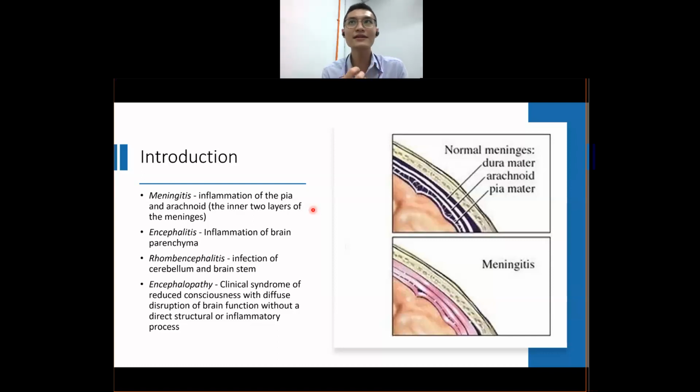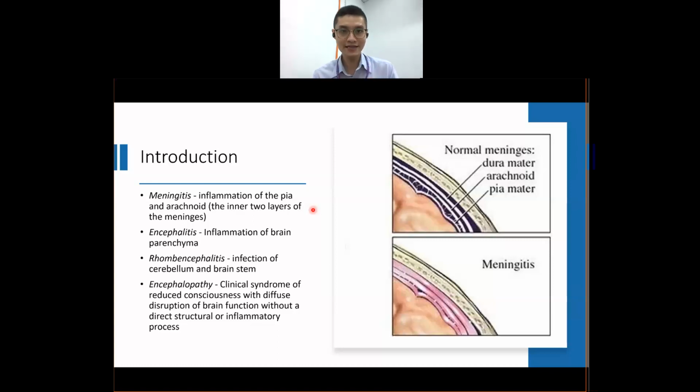All right. So basically, in simple terms, meningitis refers to inflammation of the meninges, whereas encephalitis denotes inflammation of the brain parenchyma. In simpler terms, if it is only at the covering of the brain, it is known as meningitis. If it extends to involve also the brain parenchyma, it is known as encephalitis.